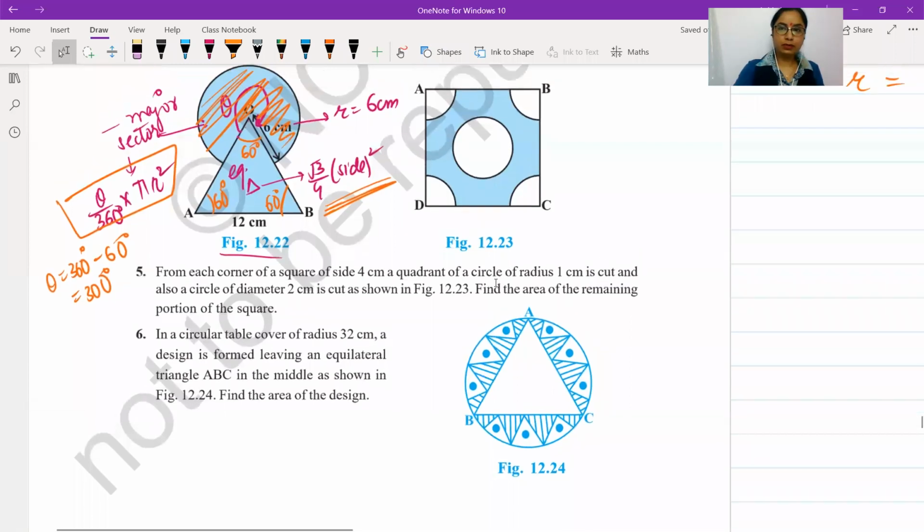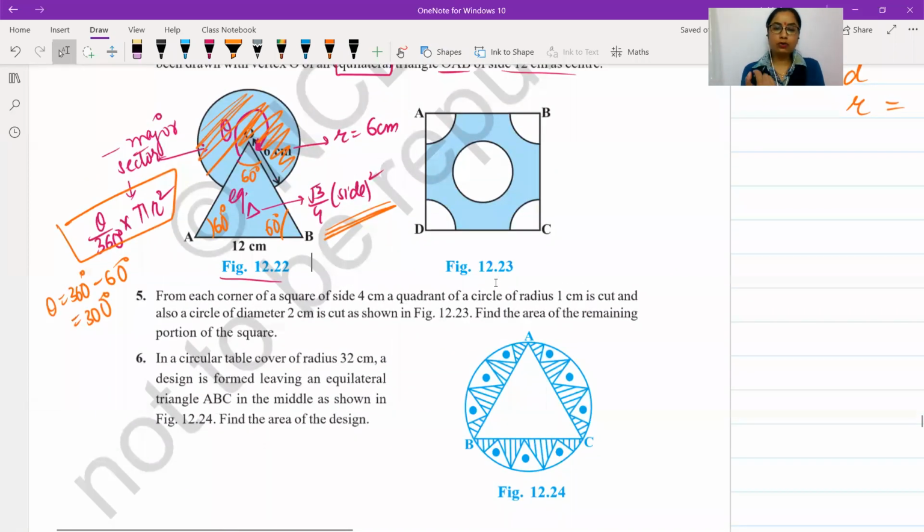Question number 5. From each corner of a square, so this is figure 12.23 now, there is a square ABCD. The square has side 4 centimeters. From each of its corners, a quadrant has been cut out. So we have 4 quadrants at each of the vertices of the square.